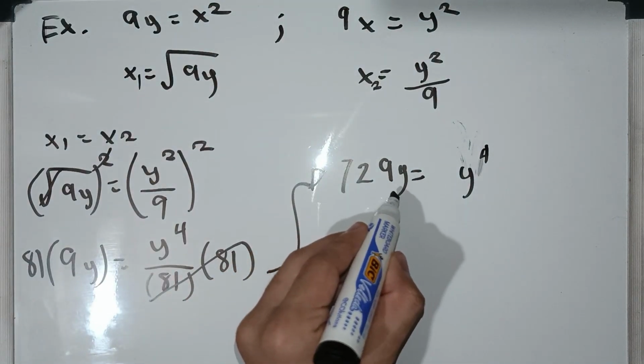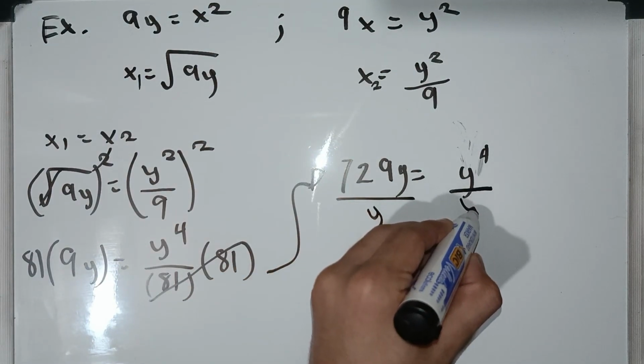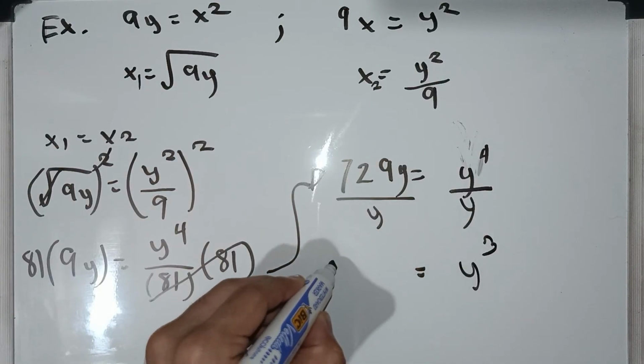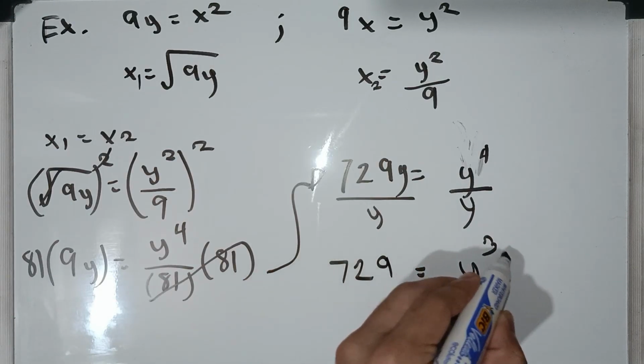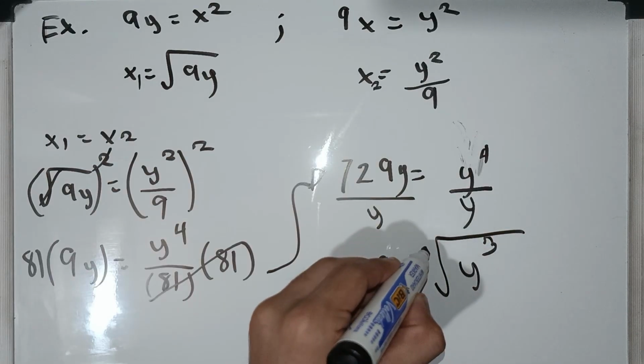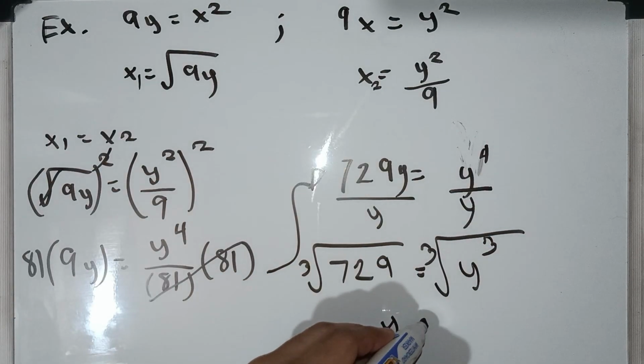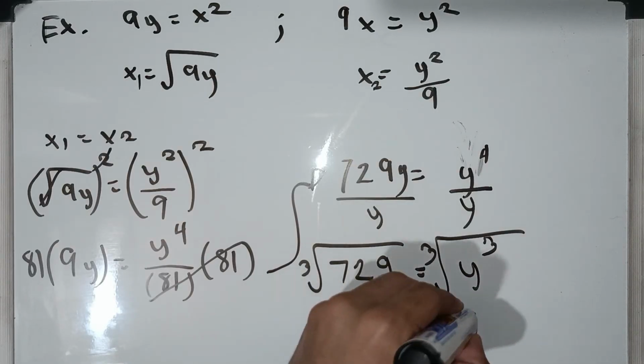Since we have the y here, let's divide this by y to cancel y. So that is y cubed is equal to 729. We have the cube here, so let's get the cube root, and y is equal to 9.